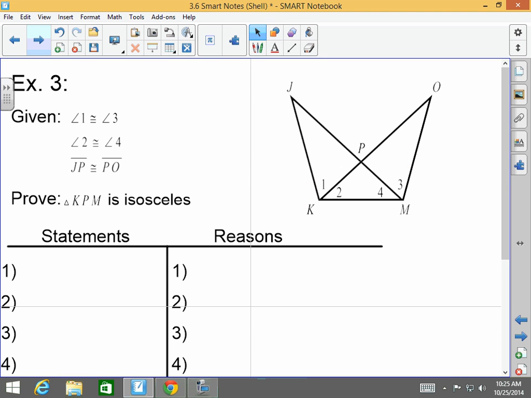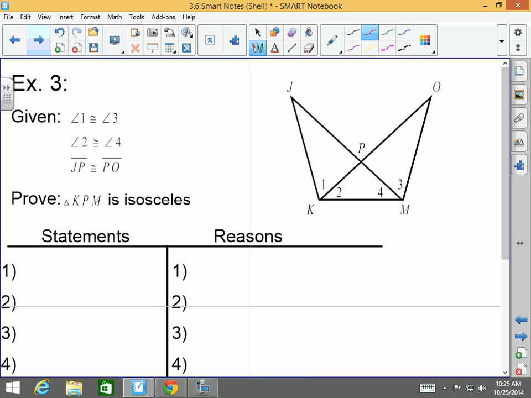Alrighty here. Right off the bat, you can see we have some overlapping triangles. So let's use our skills from 3-5, and let's remember to try to extrapolate or isolate or pull out the two triangles that we are working with. We know that angle 1 is congruent to angle 3.